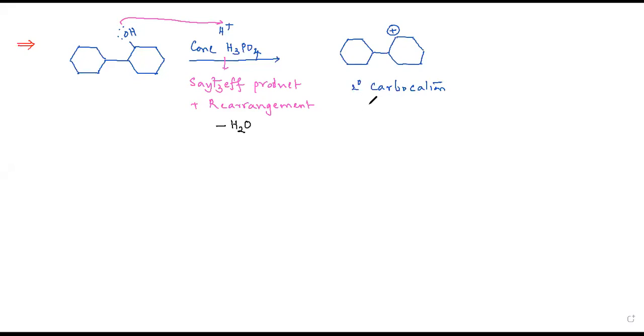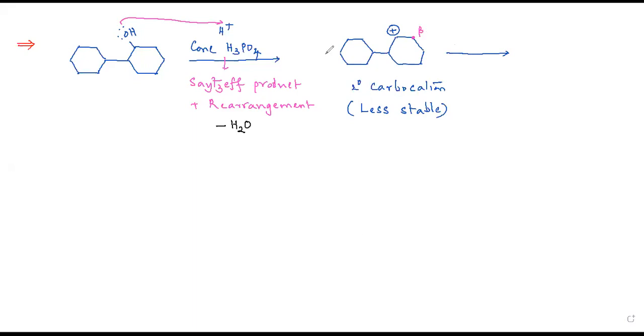Yes, of course, there is every possibility of this 2-degree carbocation getting rearranged to a more stable carbocation. So let us take this as a less stable one first. We'll go for the rearrangement later, but for now, what are the possible products from this? Now check out the beta hydrogens.